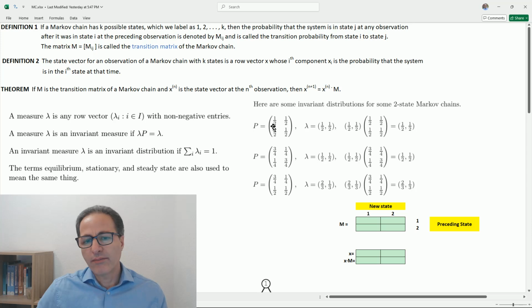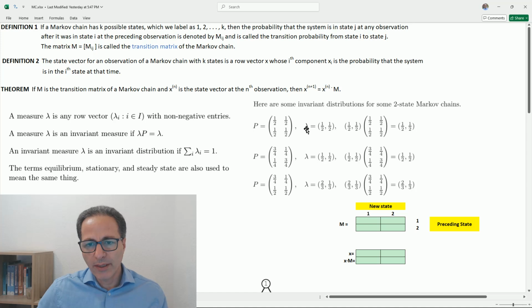So in this case, some rows and columns both sum to 1, but if we look at the other one, like the third one, we can see that in each row the sum of the entries is equal to 1. This is the case, as I said, for when we have the state vectors as row vectors.